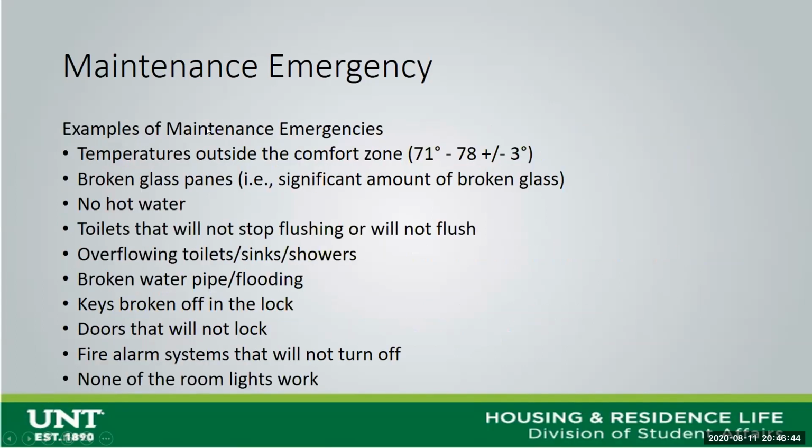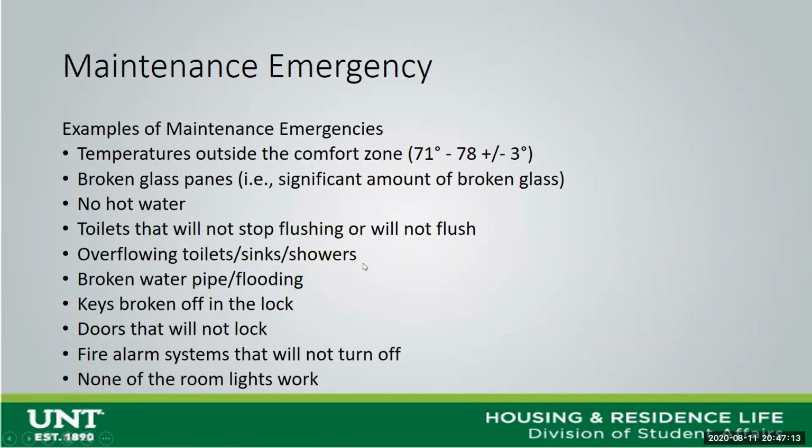Some examples of maintenance emergencies, and when you would need to be calling the CD: temperatures outside the comfort zone, so that's anything below 71 or above 78, plus or minus 3 degrees of 71 or 78. Broken glass panes, so if there's broken glass, specifically significant amounts, a window, no hot water, toilets that will not stop flushing or will not flush, overflowing toilets, sinks, showers, anything that has water.